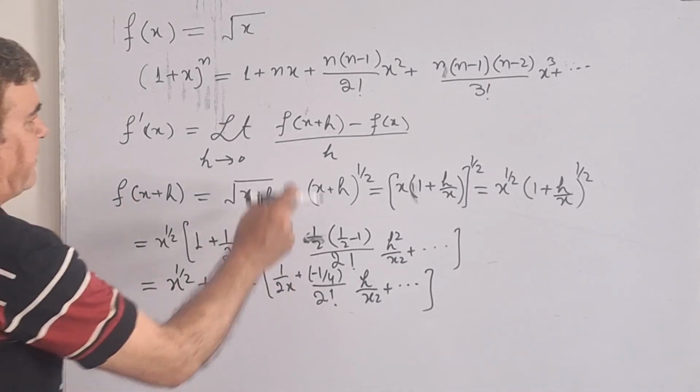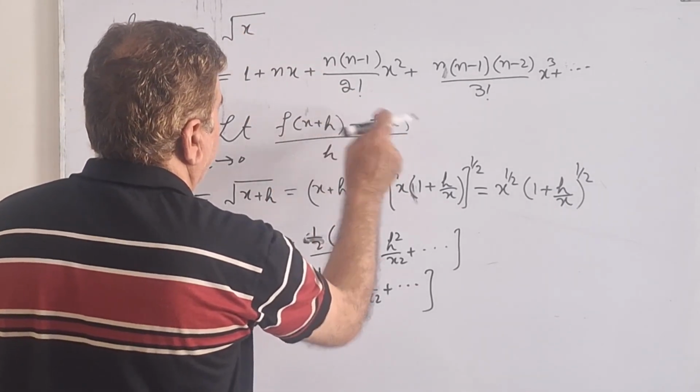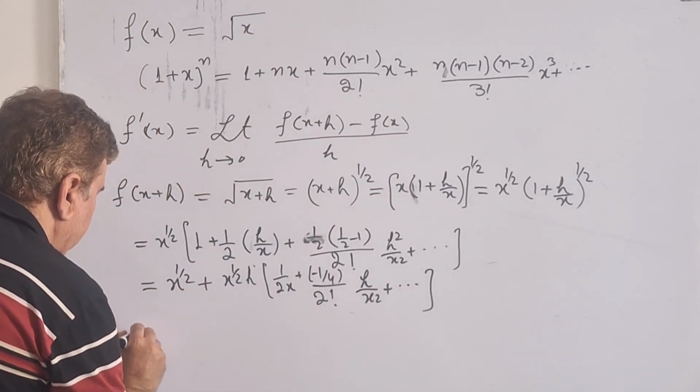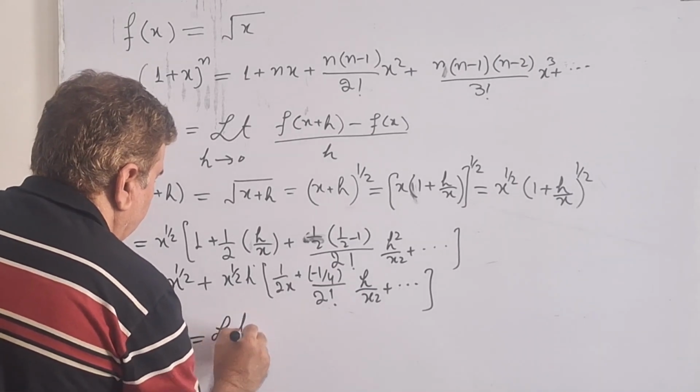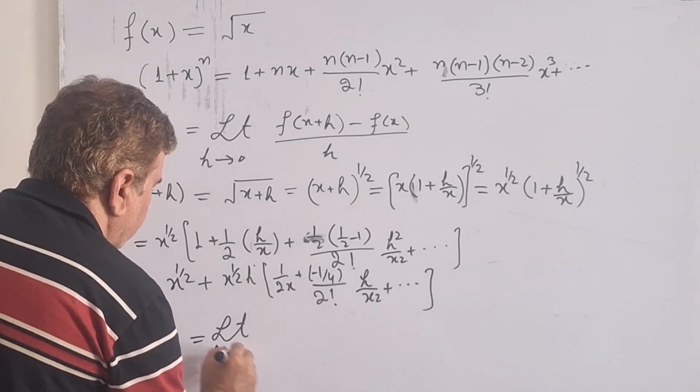If I substitute this value at this position and the value at this position, f prime of x can be written as limit h tends to 0.